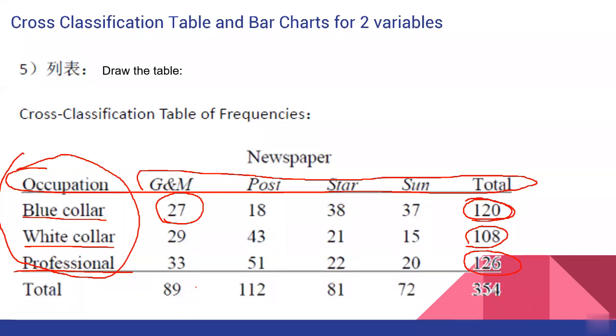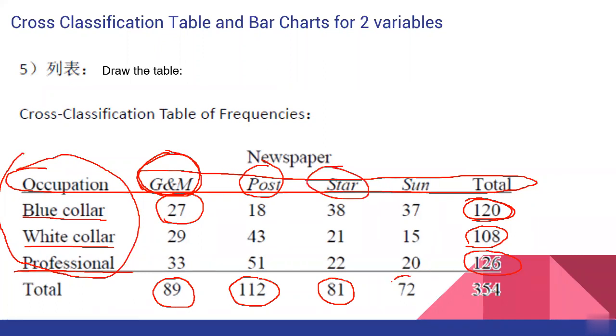Similarly, on the last row, 89 here is the total number of people who read Globe and Mail. 112 here is the total number of readers who read Post. And 81 means the total number of readers who read Star. And 72 means the total number of readers who read Sun.